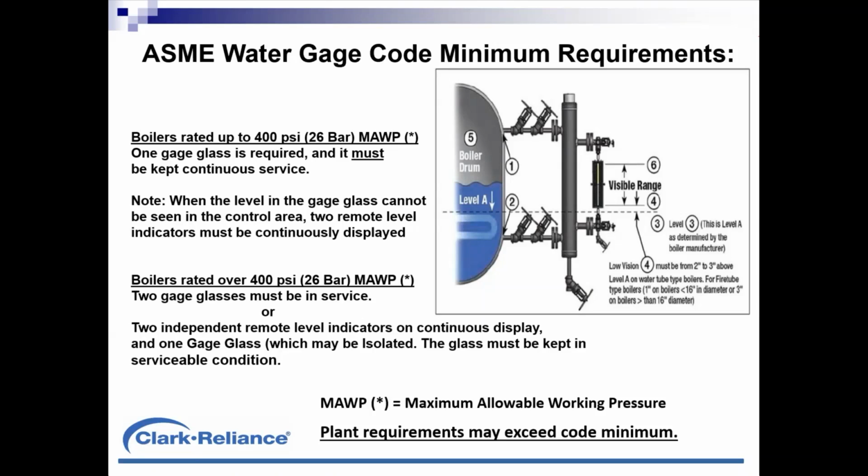In the meantime, if you think about a gauge glass versus your transmitters and the need for 2 transmitters, if I'm that operator sitting in the control room, if I've only got my eyes on 1 transmitter, how do I know it's correct? If I have 2 transmitters, I've got checks and balances, and they should be trending with each other, responding to changes in water level.